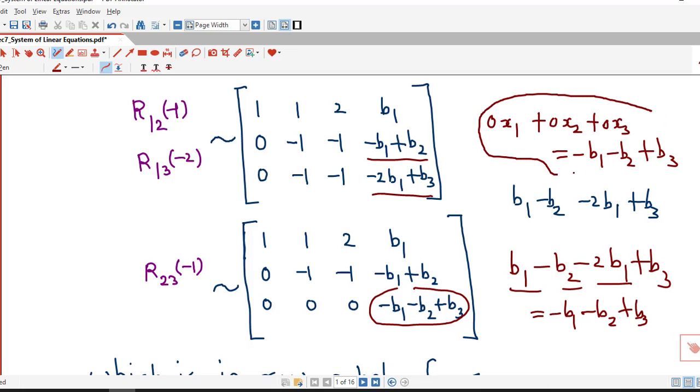This is the equation corresponding to the last row in row echelon form. Now if so, this is nothing but 0.